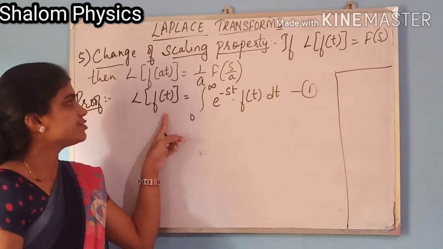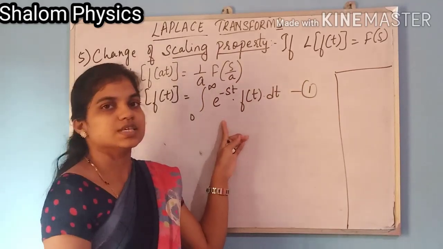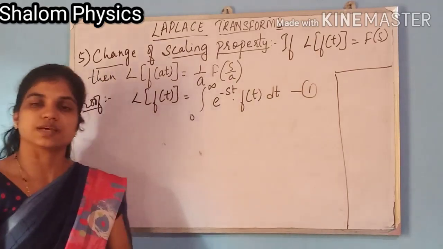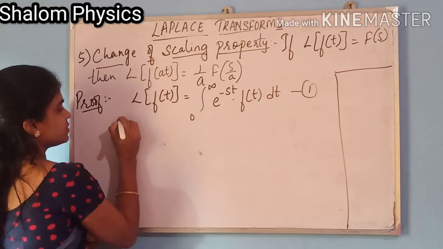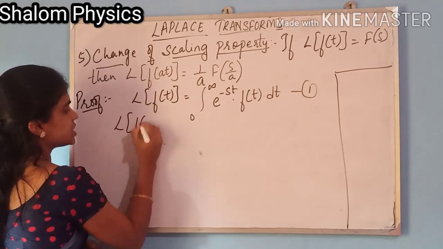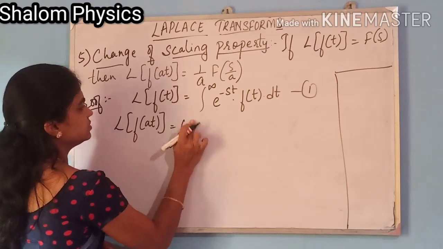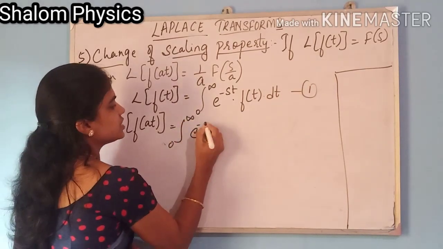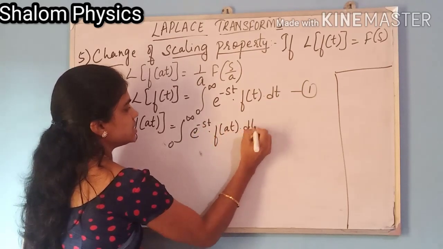And the next step is substitution. So what is our substitution now? Laplace transform of f(at) is equal to integral from 0 to infinity e raised to minus st f(at) dt.